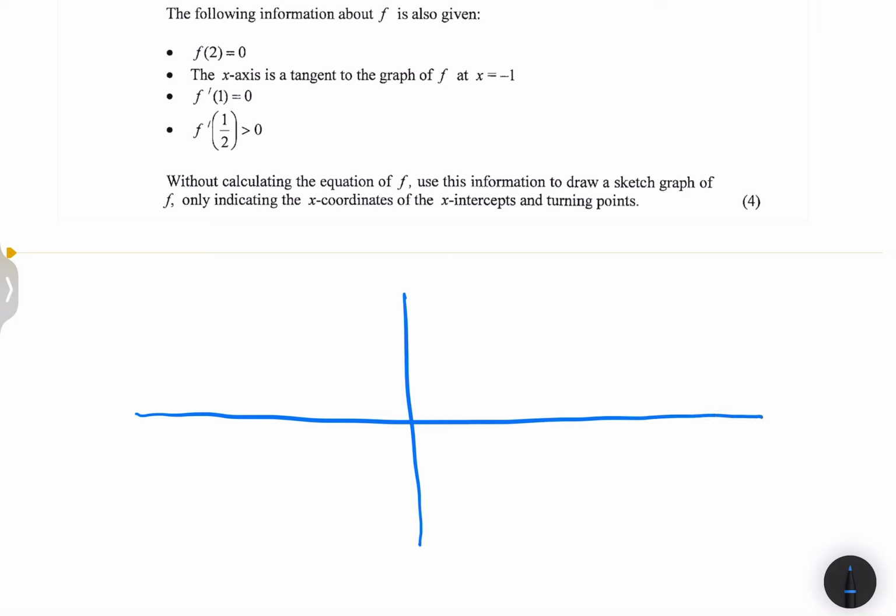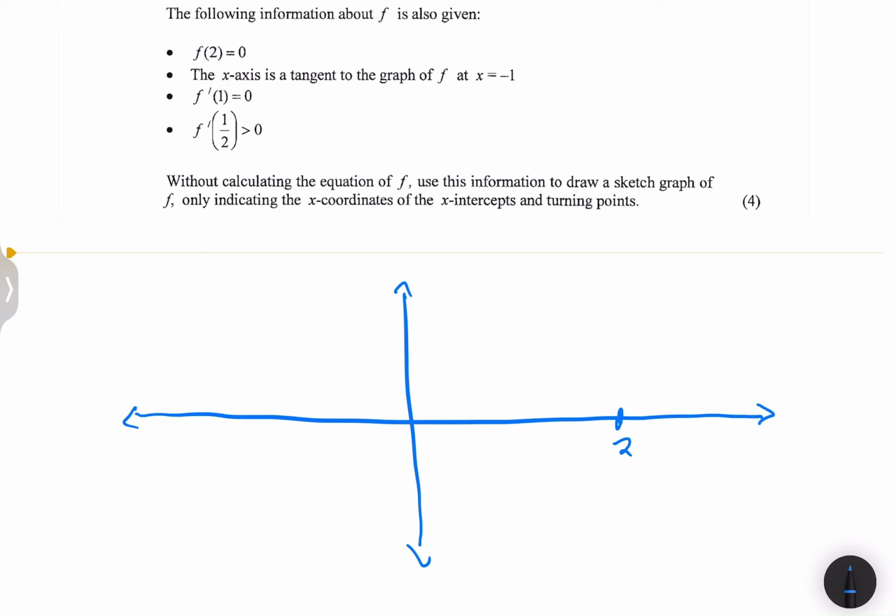So the graph is going to cut through the x-axis where x is equal to 2. Remember, this is where your f of x would be equal to 0. So let's put f of 2 somewhere there. Let's say that's 2 there.